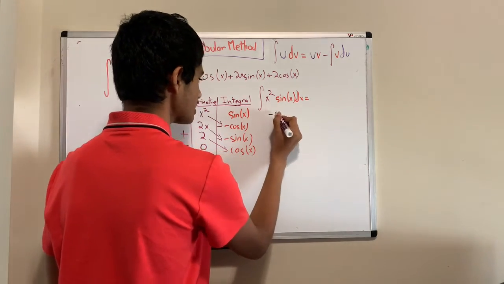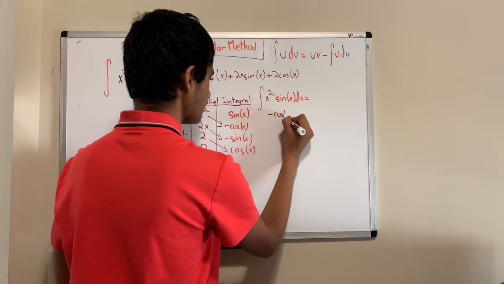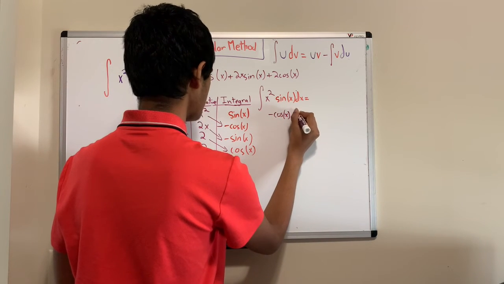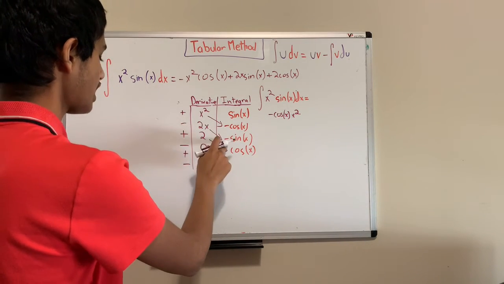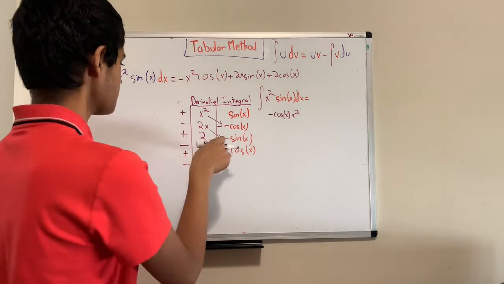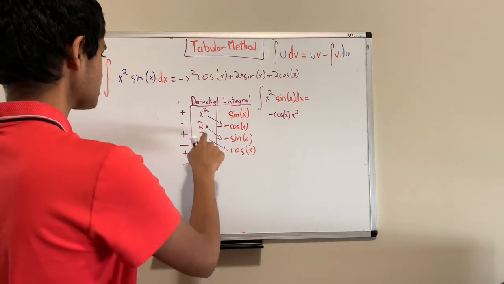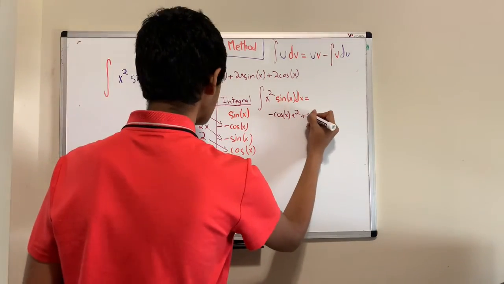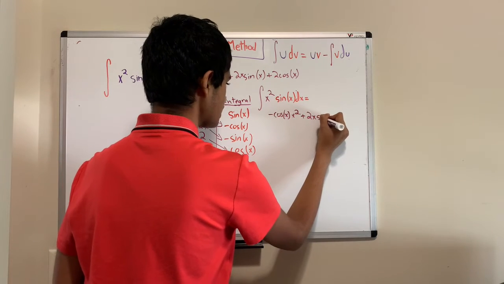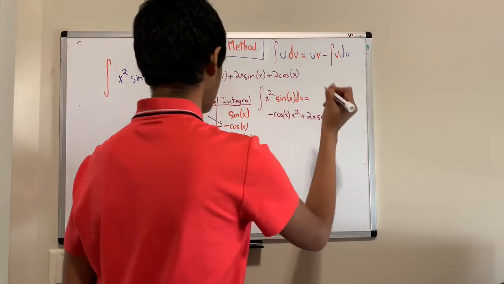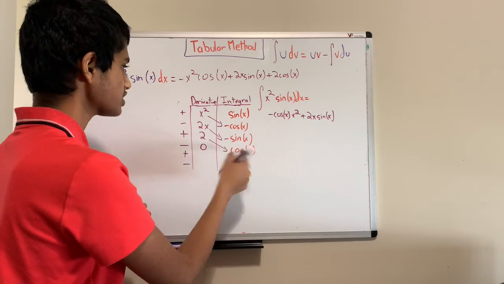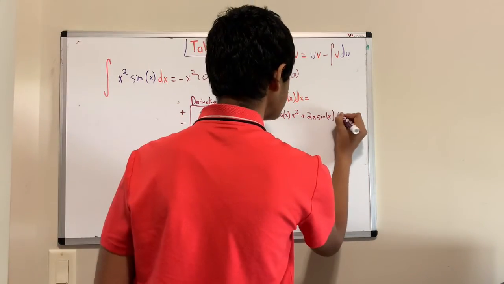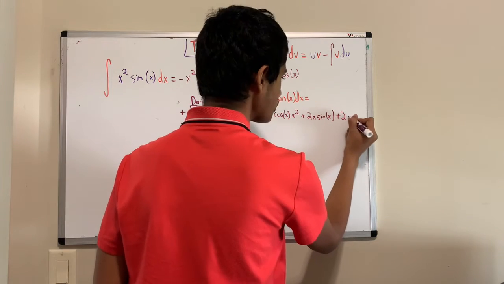So we can just rewrite that as negative x squared cosine of x, and minus 2x times negative sine of x. And the minus and minus cancel each other out, so that just leaves us with plus 2x sine of x. And then we go to the next one, positive 2 times cosine of x, which is plus 2 cosine of x.